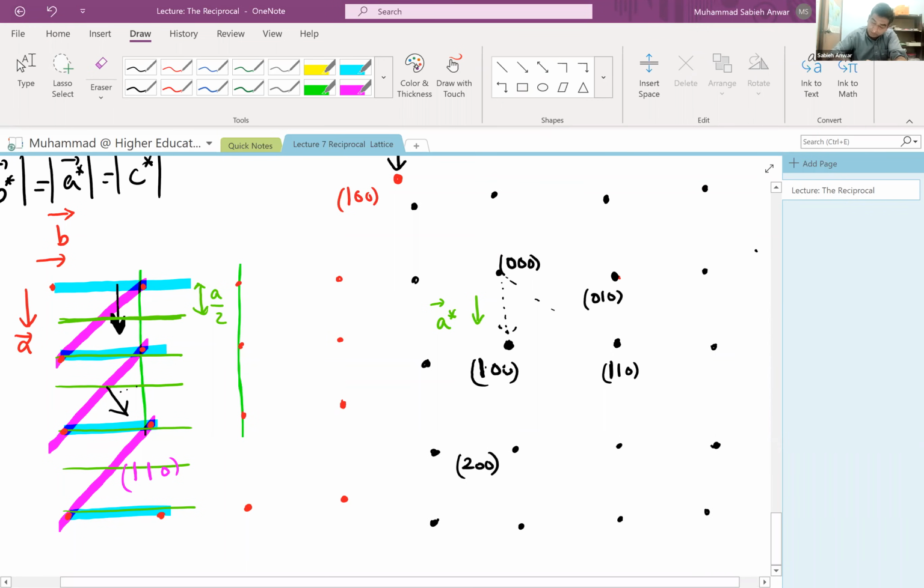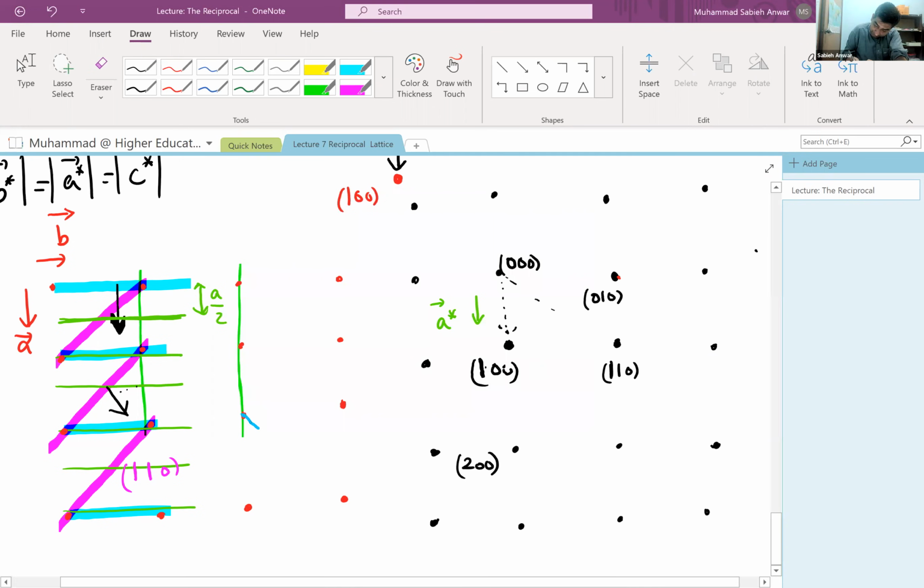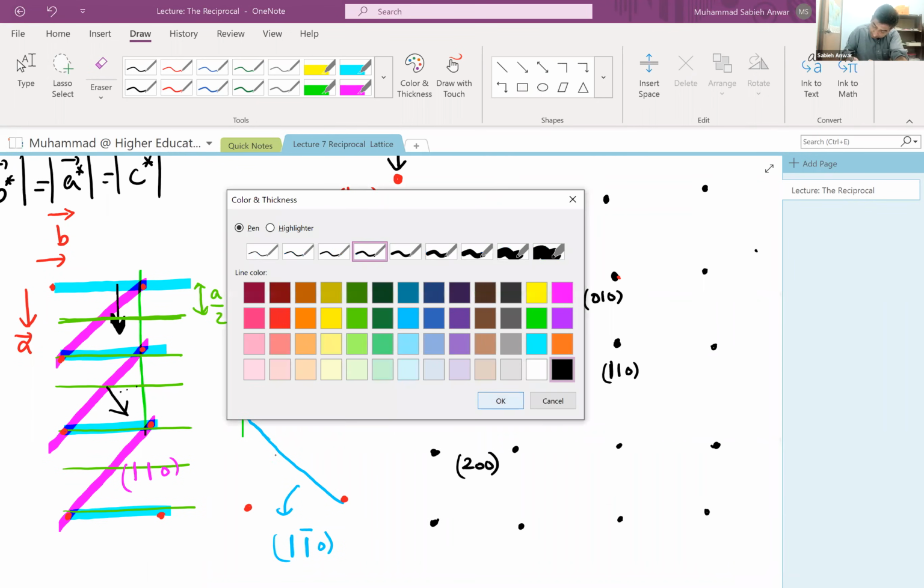If I were to draw a family of planes of this kind, each plane has Miller indices 1 1 bar 0, and I can draw a unit normal to these planes, like this.